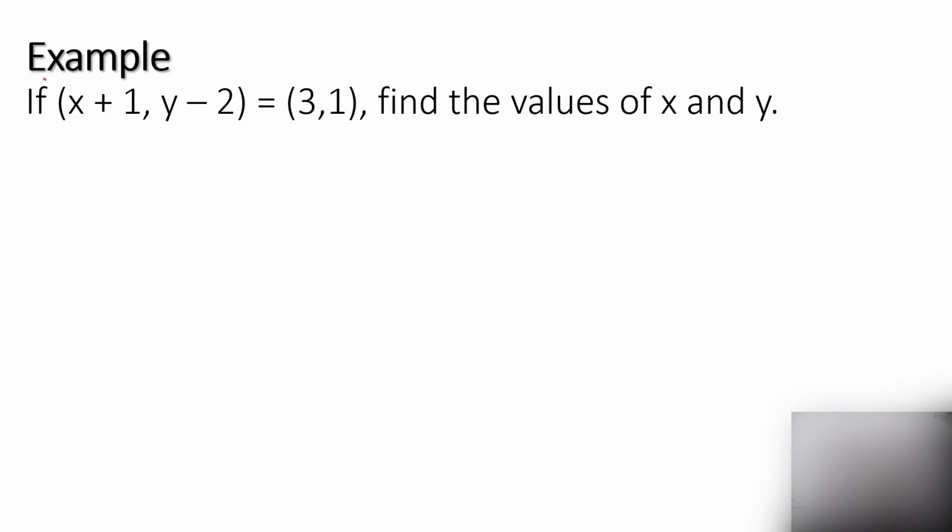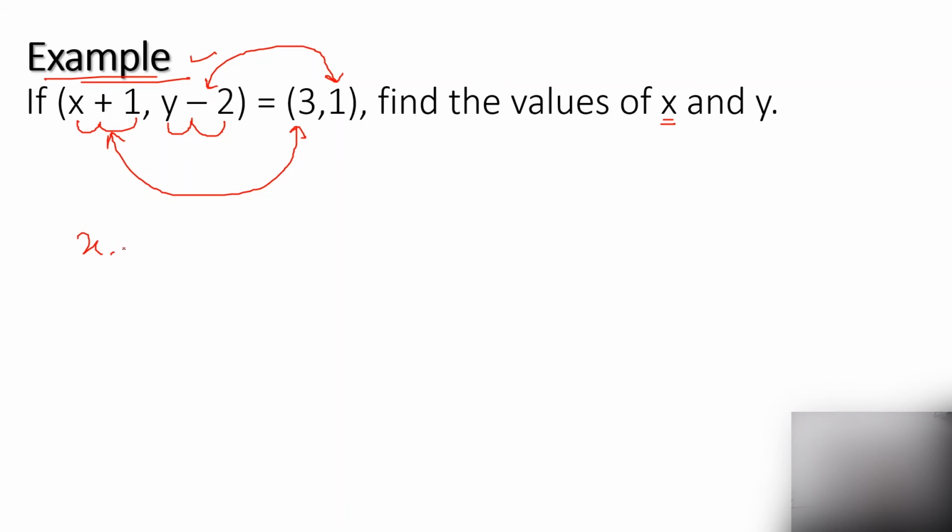Next question is an example. If (x plus 1, y minus 2) is equal to (3, 1), find the values of x and y. This is nothing else but equality of ordered pairs. It means first is equal to first and second element is equal to second.